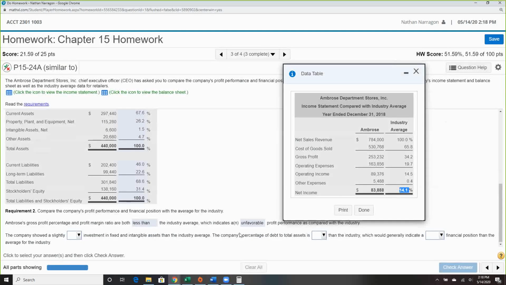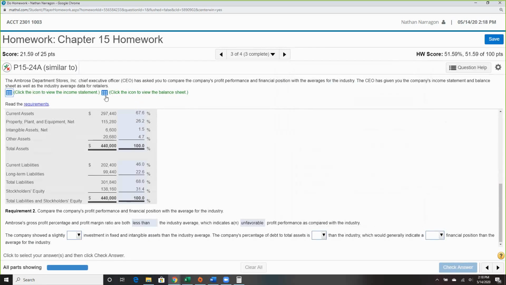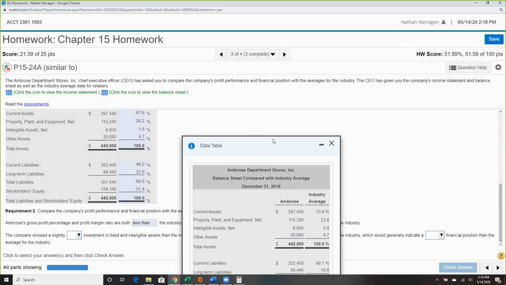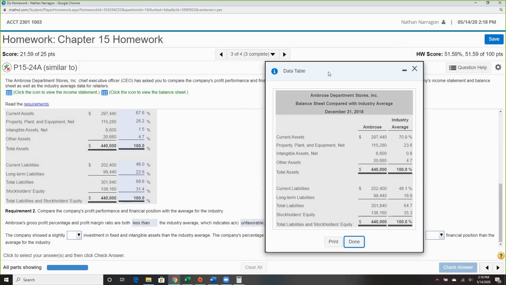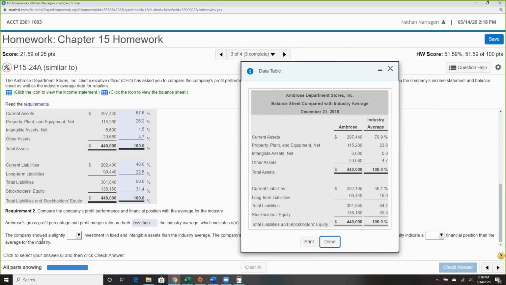Okay, last part. See, the company showed a slight blank investment in fixed assets. So we need the balance sheet, another icon. Here's our industry average. So we're looking at investments in fixed and intangible assets.